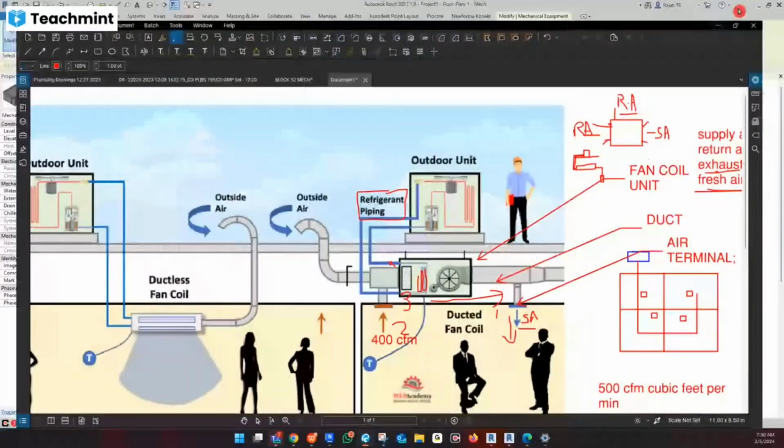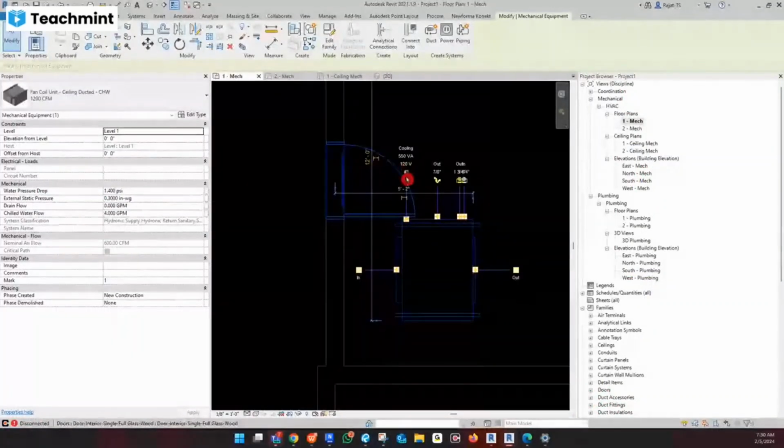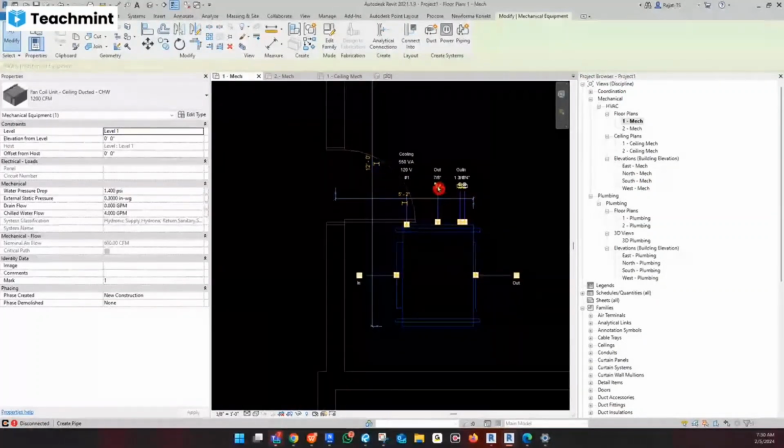So in the mechanical unit, whenever you see this type of symbol, volt power, it means there is a power connection required. If you see this snake type pipe here, this is called the drainage. And these two are called the supply and return system for the mechanical pipe.